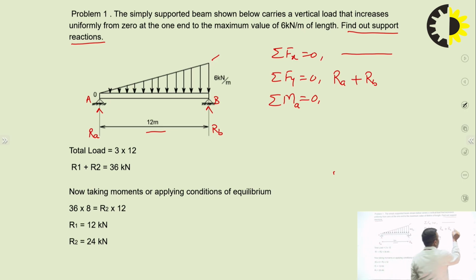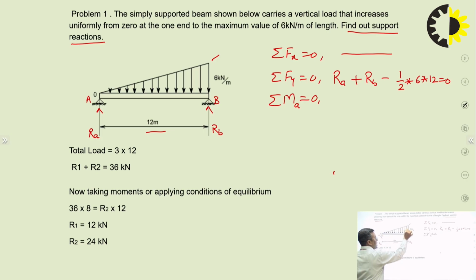If I convert it into a single point load, I will be writing half into 6 into 12. From where is it coming, half into 6 into 12? It is basically the area of the triangle, which represents the uniformly varying load. Why is it half into 6 into 12?